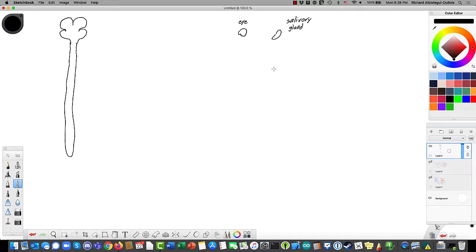We'll have here a heart. Let's put a sweat gland here. Over here we will put on top of the kidney the adrenal medulla.